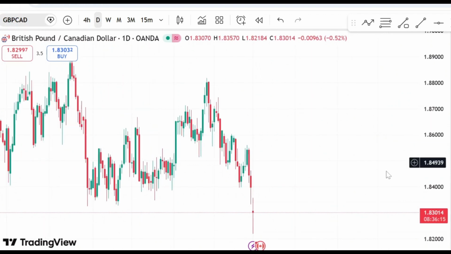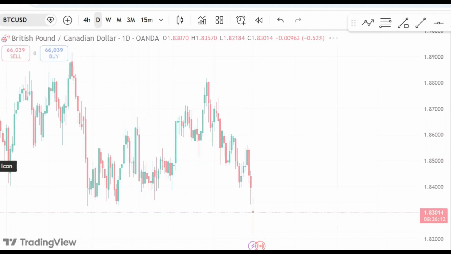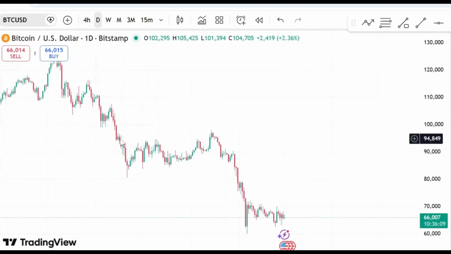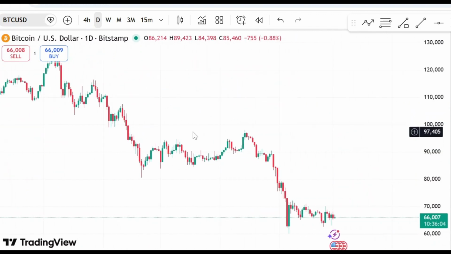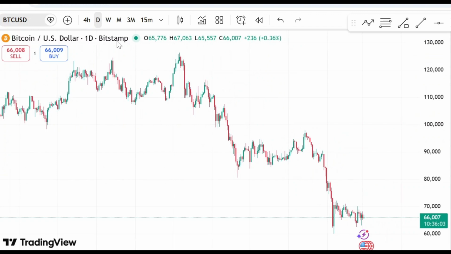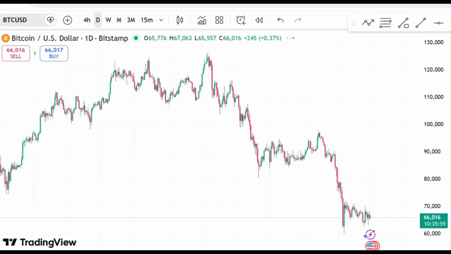Okay, let us try to see if we can see BTC, Bitcoin. Okay, somehow it's trying. This is a daily time frame of BTC USD.